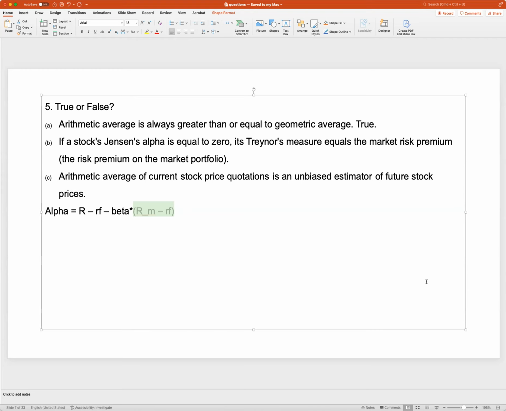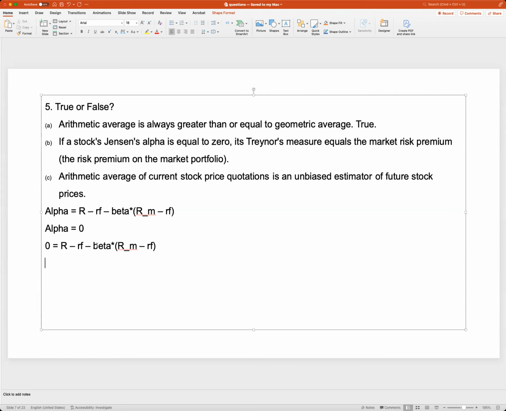If alpha is positive, it means the stock has excess return, meaning it's a good scenario. Okay, this stock says the alpha is 0. So we have 0 equals stock return minus risk-free rate minus beta times RM, market return, minus risk-free rate.